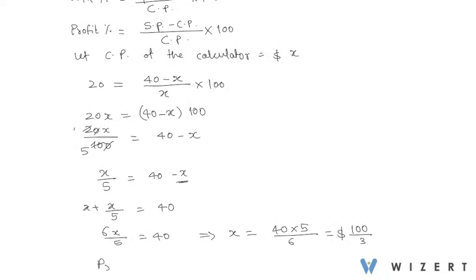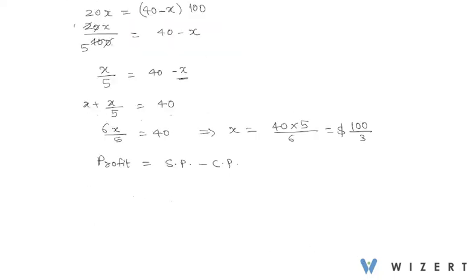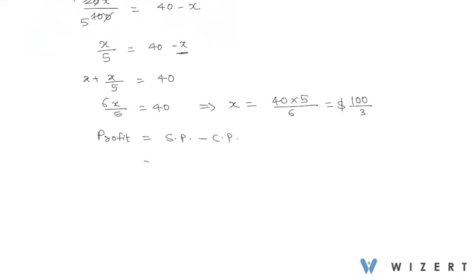So profit is equal to selling price minus cost price. Selling price is given as $40, so that will be 40 minus 100 by 3, which is equal to 120 minus 100 by 3, which is equal to 20 by $3.